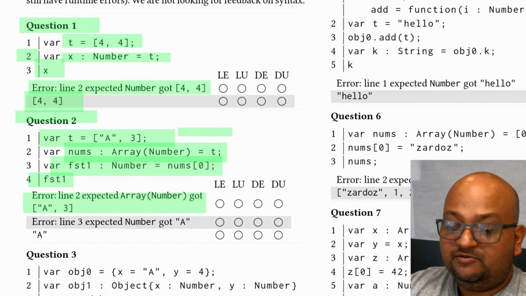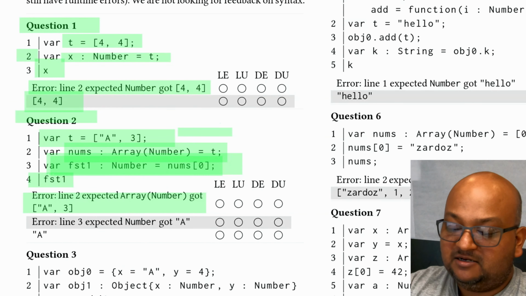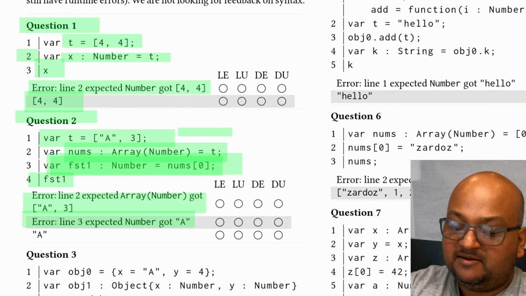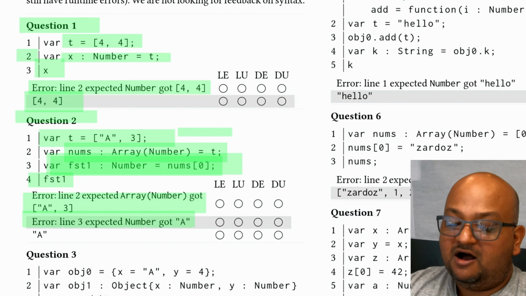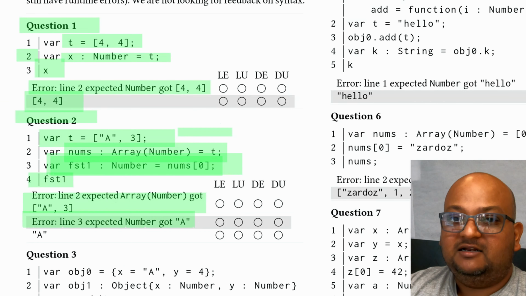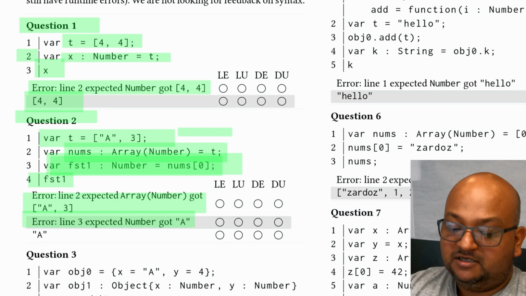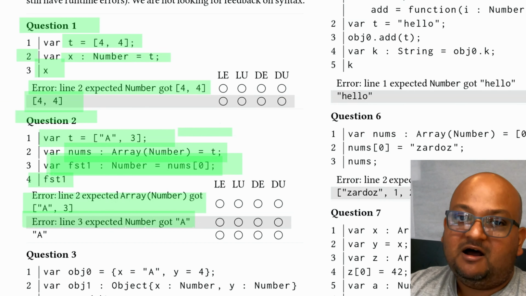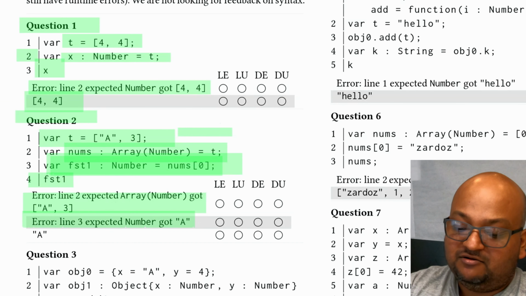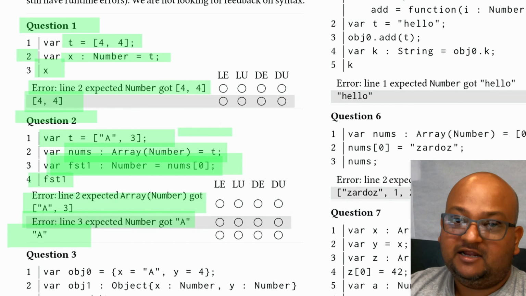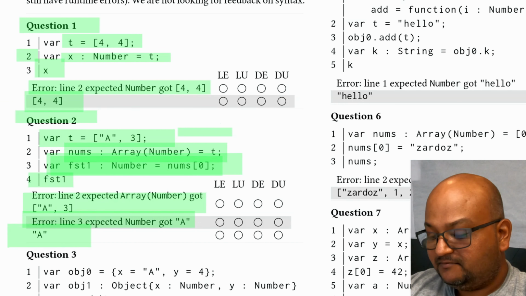Another option is you would let the assignment go through, but when you extract the first element, you emit a type error saying we got a string where we were expecting a number. So you're letting the assignment go through, but throwing a type error on extracting a value from the array. And the third option is, again, as if you had no types, you would simply evaluate the first element of the array.